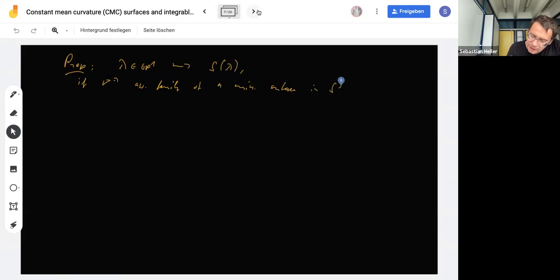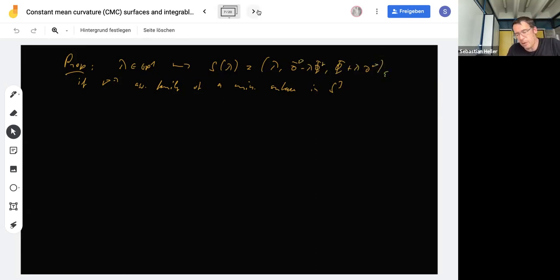in S3, and then we can define a section S of lambda, which is given by lambda del bar minus lambda phi star, and phi plus lambda del, on sigma.